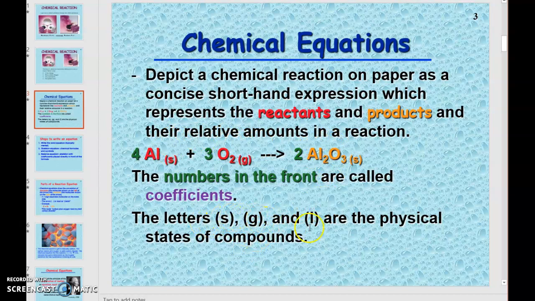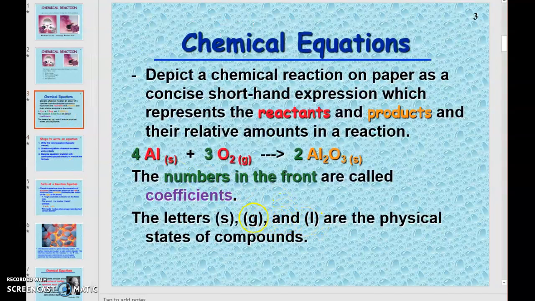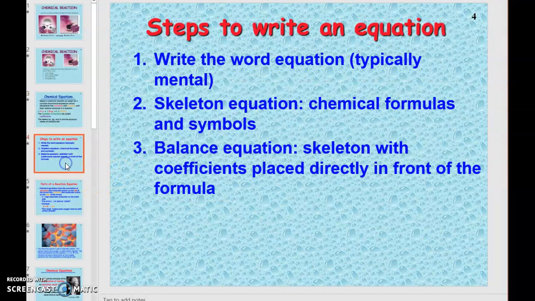Okay, the letters s, g, and l are used to represent the physical states of the compounds as solid, gas, or liquid. Usually those aren't super important for understanding what's happening in the reaction, or particularly not important for balancing the reaction, but you may see those and wonder what they are, and that's what they're there for.